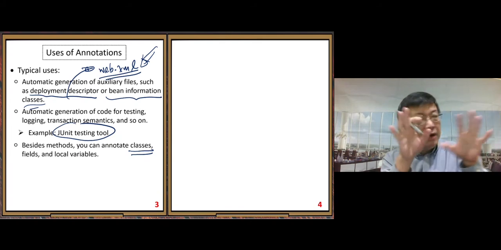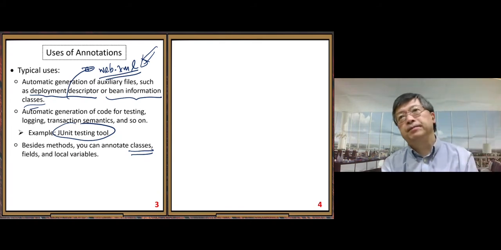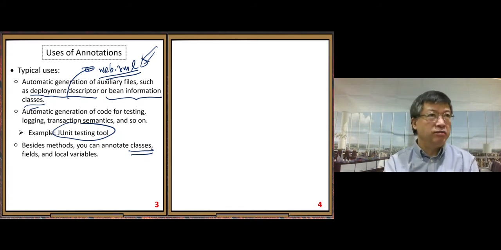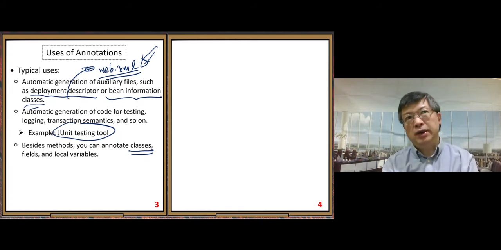We need to do a lot of other things. So that's the reason current Java developers love annotation. Annotations are extremely popular in Java programming, extremely popular. So we need to get used to it.